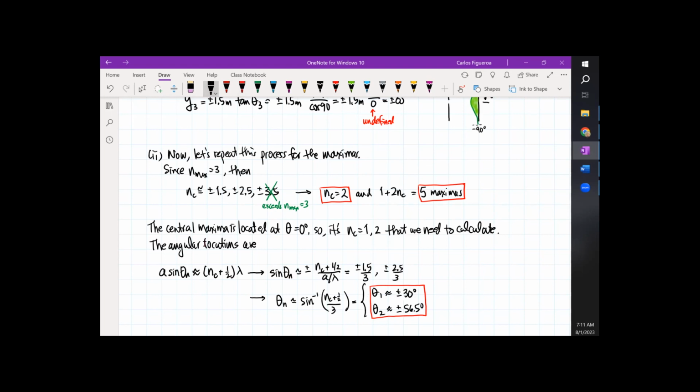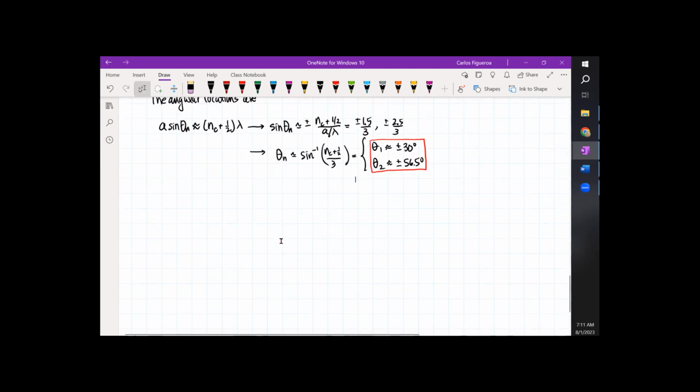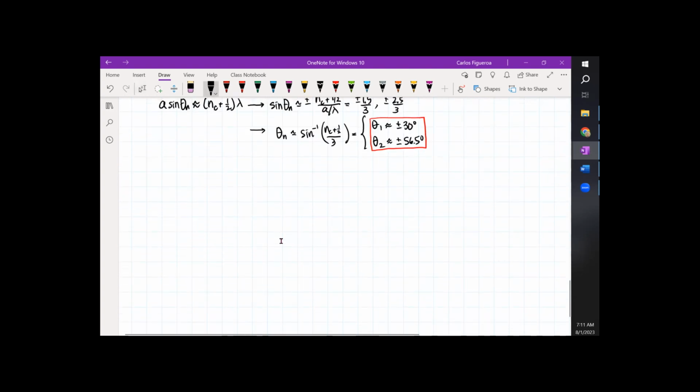So the first thing that we want to do here is go check these. What we're going to do is use the Fent applet again to check the values.